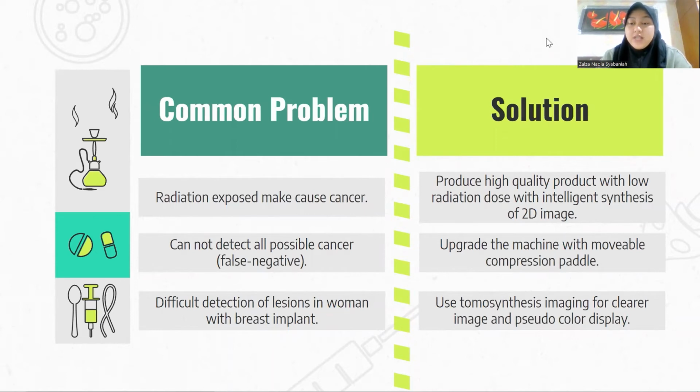The solution is to upgrade the machine with a movable compression paddle. And the last is difficult detection of lesions in women with breast implants. So the solution is to use tomosynthesis imaging for clearer images and pseudo color display.